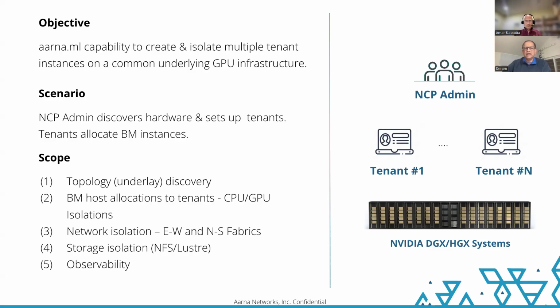So we show that, and then the observability. So there is observability both for the administrator, which is in this case you or your operations team, and the tenant, which is your customers who are logging in and allocating resources. So both of them will be shown.